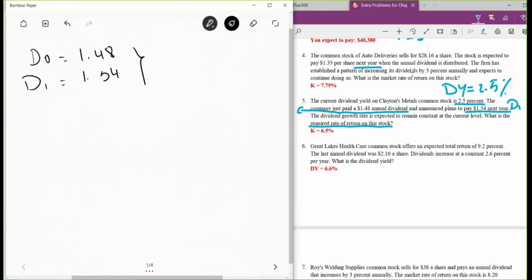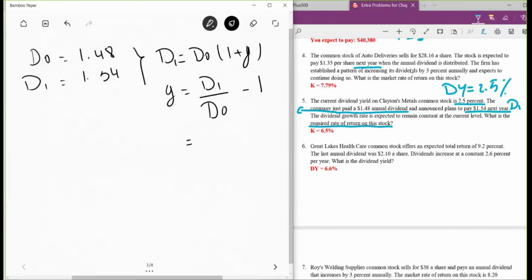So because D1 equals D0 into 1 plus the growth rate, the growth rate equals D1 divided by D0 minus 1. So the growth rate is 1.54 divided by 1.48 minus 1. So I have 4.05%.